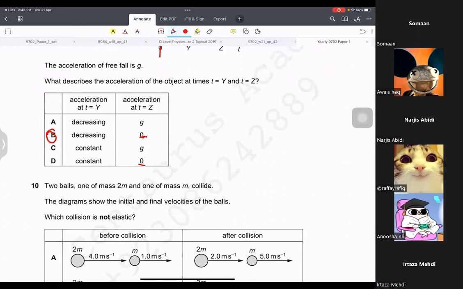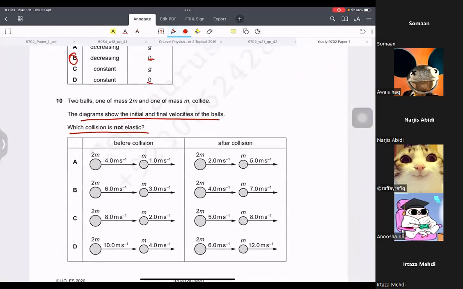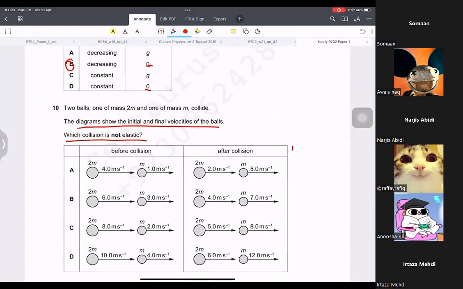Okay, this was easy. Then it says two balls, one of mass 2m and one of mass m, collide. The diagram shows their initial and final velocities. Which of the equations is not elastic? For these sorts of questions, I always tell you to put u1 plus v1 equals u2 plus v2 on the side, and then check the direction.